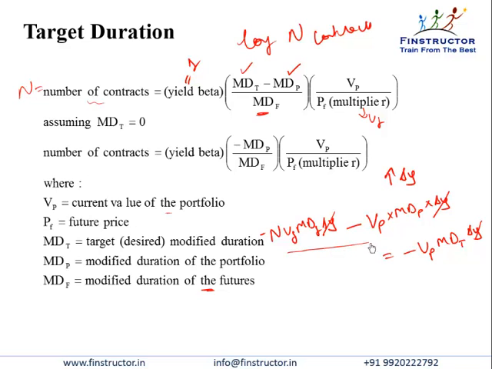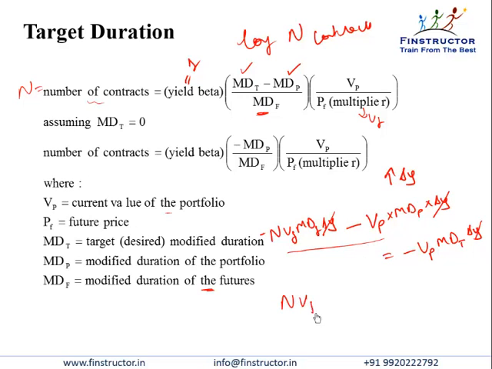This will be the total change in my current position with the futures and the portfolio. I want the total targeted change to be equal to VP into the target modified duration. So we need only now calculate n. We'll take n on the right hand side and bring everything else on the left hand side.